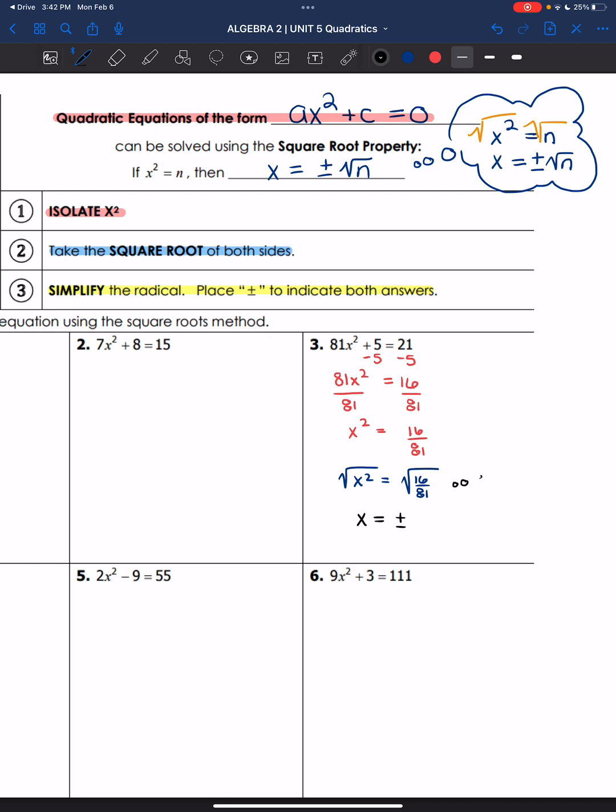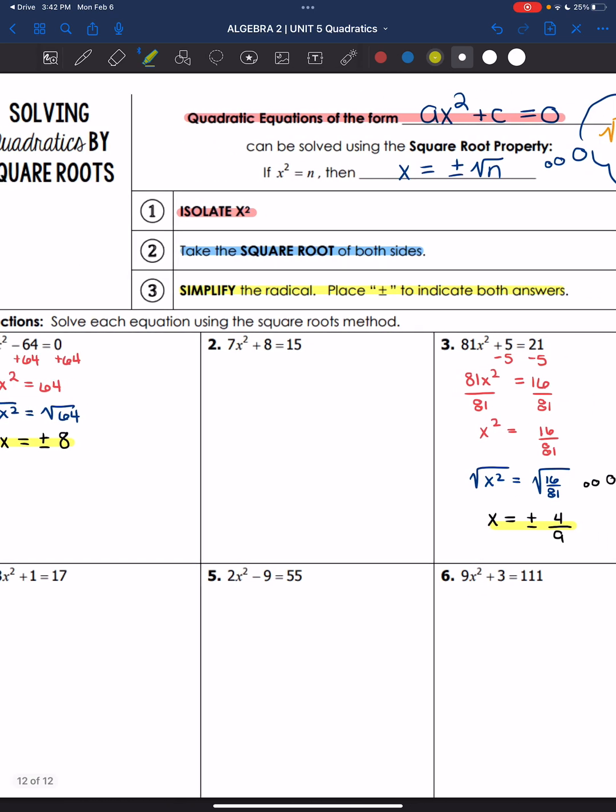Remember how we would do this? We would take the square root of 16 and the square root of 81. And the square root of 16 is 4. The square root of 81 is 9. So our final answer is both positive and negative 4/9.